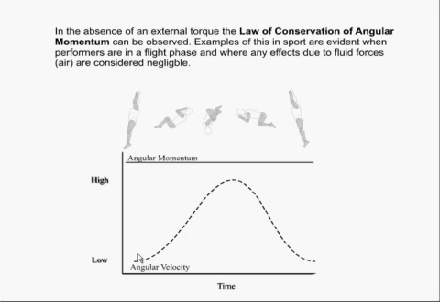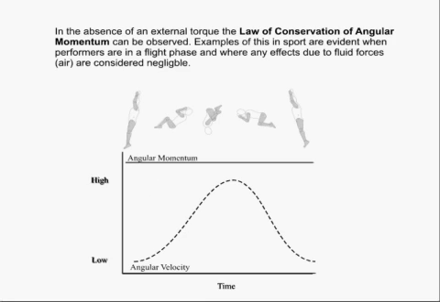We can see that's relatively low at the beginning and at the end, and relatively high in the middle. Remember, this is all the time in a situation where the angular momentum itself is remaining constant. So the gymnast's rotational speed is changing, so slow, fast, slow, but their angular momentum is remaining constant.